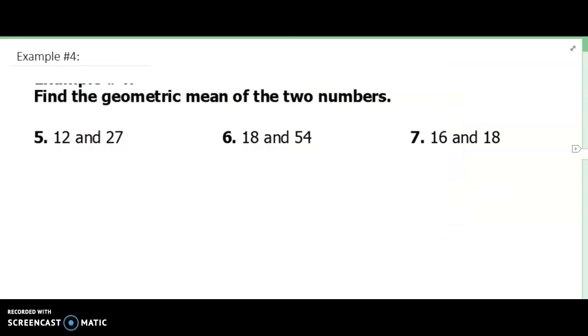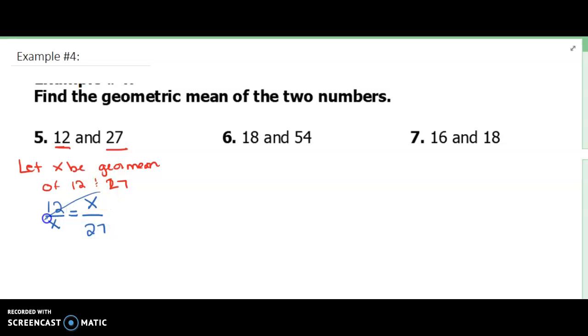So let's go to some examples and then we'll go back to those other theorems. Find the geometric mean of the two numbers. So we want to find the geometric mean of 12 and 27. I'm going to say let x be the geometric mean of 12 and 27. So I could simply write 12 over x equals, remember x is across from each other, x over 27.